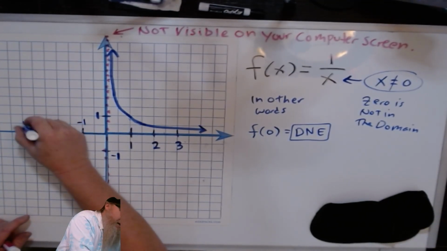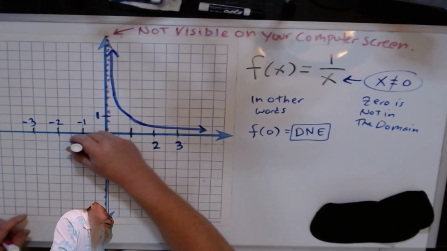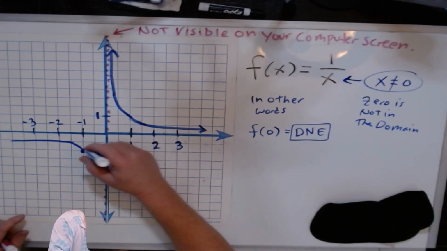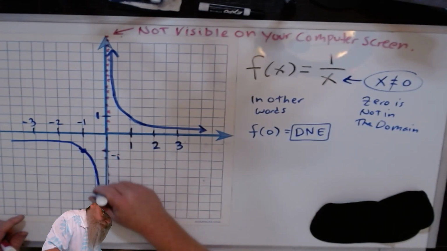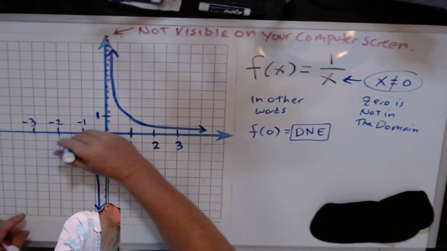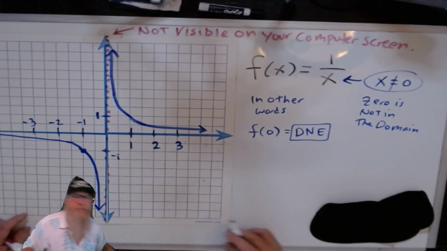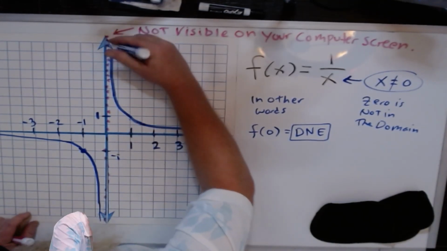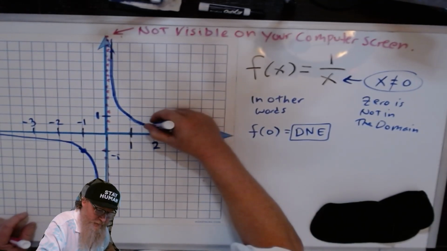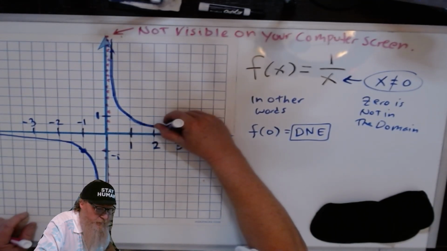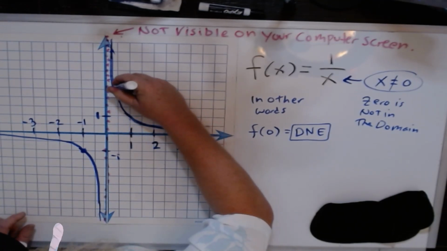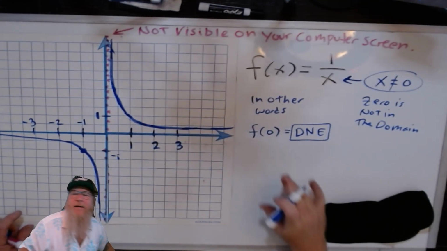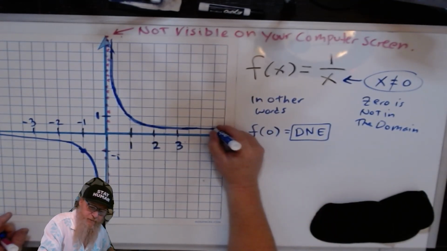I shouldn't use the word imaginary because that has a different connotation, but so this is what you'll actually see. All right. In fact, you won't even see the arrows. It'll just kind of go off the screen like this. The more I mess with it, the worse it gets. So that's kind of the way it looks on the computer.